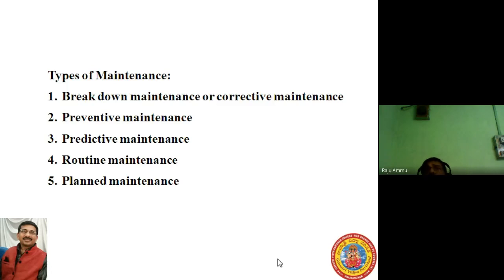Routine maintenance is actually classified into two parts. The first one is running maintenance, and the next one is shutdown maintenance. What is running maintenance? The maintenance work is carried out while the equipment is in the operating condition.